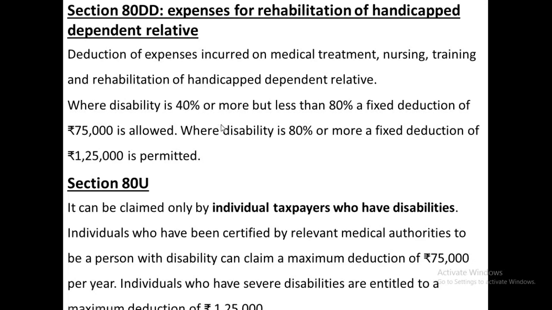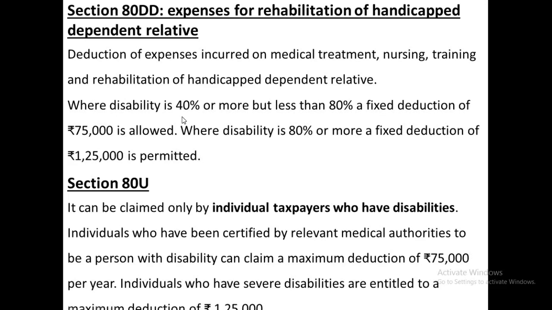So if, for example, his father has 50% disability and he has spent rupees 25,000 as expenditure, in such cases the assessee can claim 75,000 instead of 25,000, because it is irrespective of whether the assessee spent expenses or not.